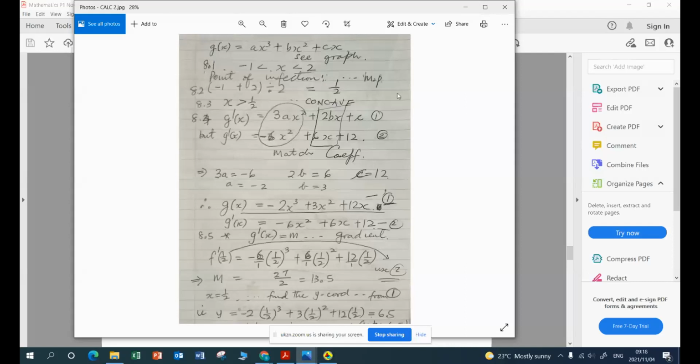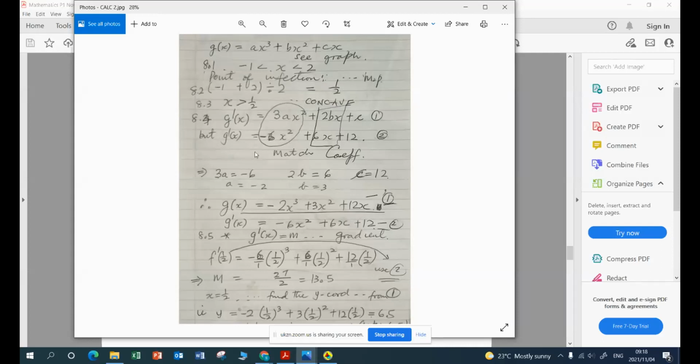Now, you're given the derivative. Okay, let's find the derivative of ax cubed plus bx squared plus cx. The derivative is 3ax squared plus 2bx plus c.